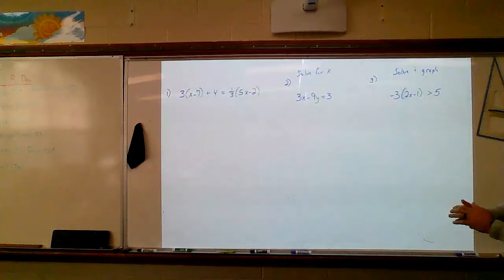So you have 3 multiplied by the quantity of x minus 7 plus 4 equals 1/3 multiplied by the quantity of 5x minus 2. Number 2, you're solving for x. It's 3x minus 9y equals 3. And number 3, -3 times the quantity of 2x minus 1 is greater than 5.